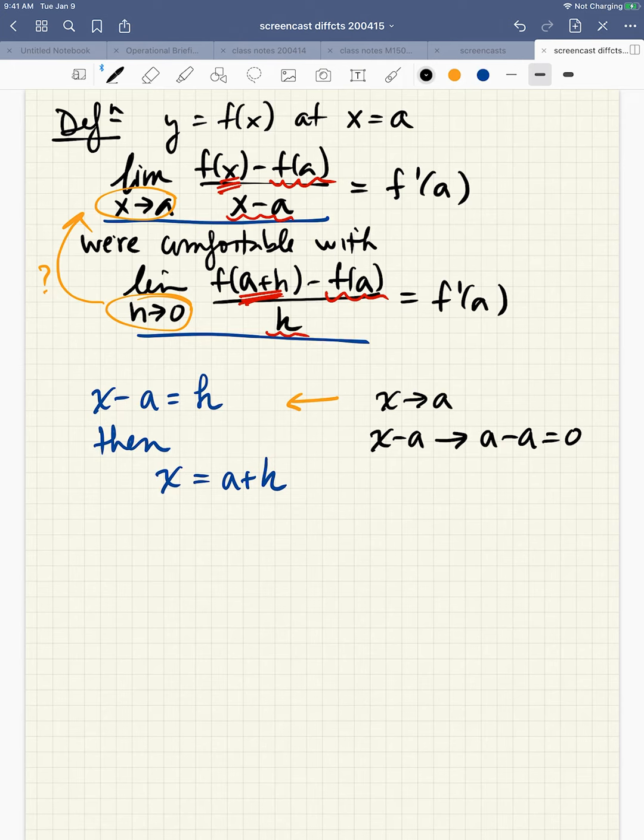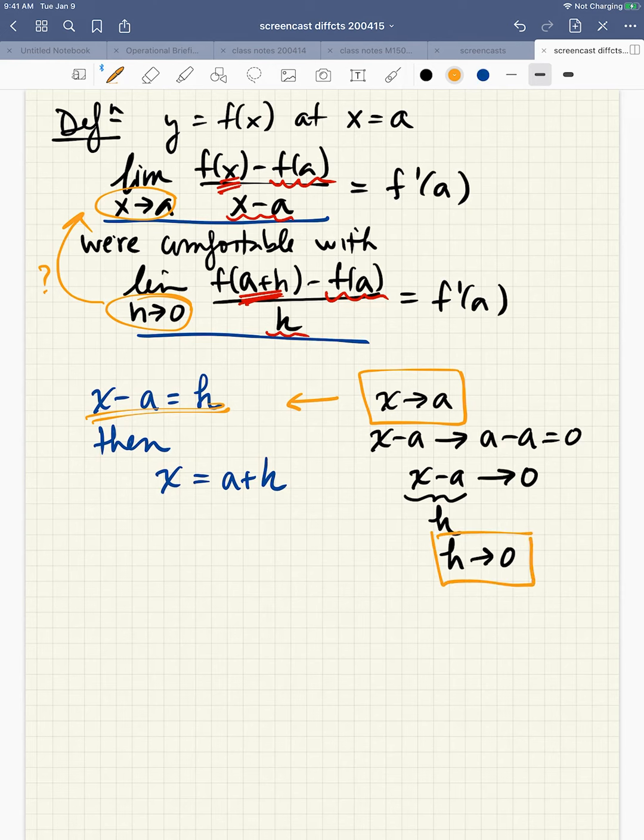So if x gets closer and closer to a, then x minus a is getting closer and closer to 0. But what is x minus a? That's what I was calling h. So I've just shown that if x is getting closer and closer to a, in this relationship, that means h must be getting closer and closer to 0. So that's why these two different definitions are the same. They're the same just by a manipulation of symbols.